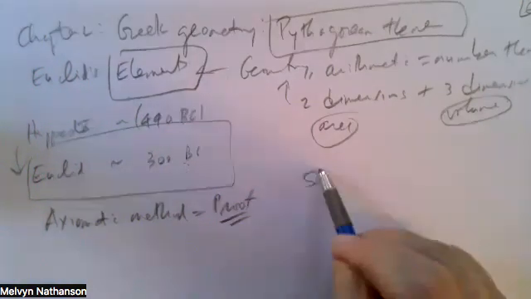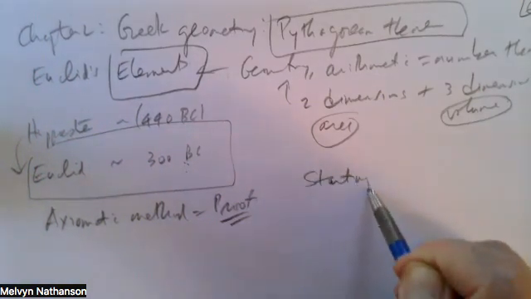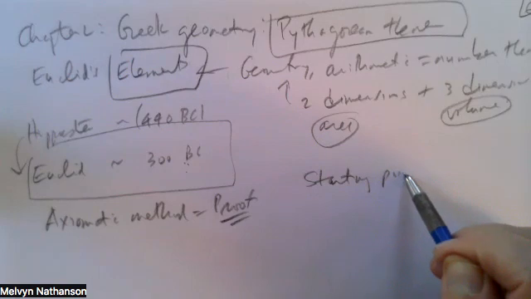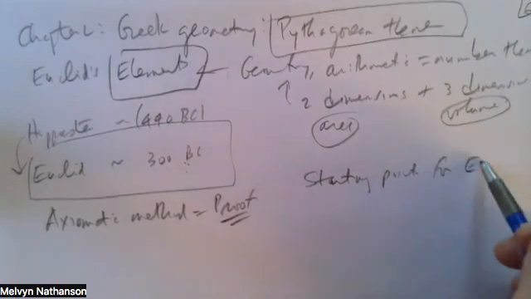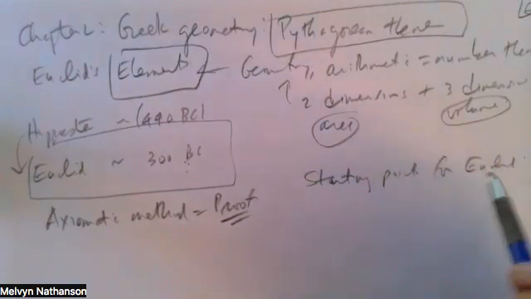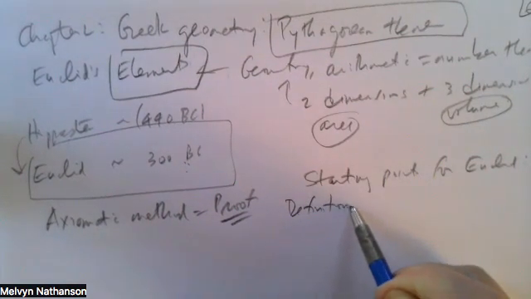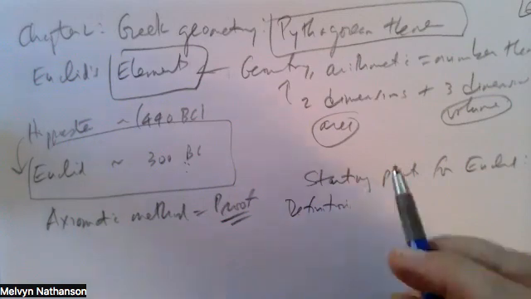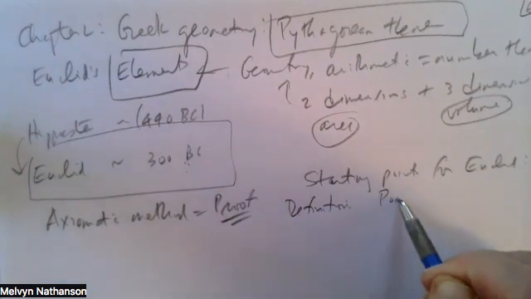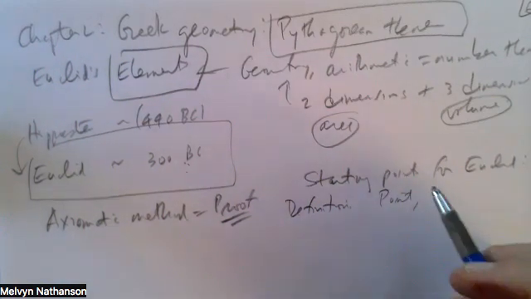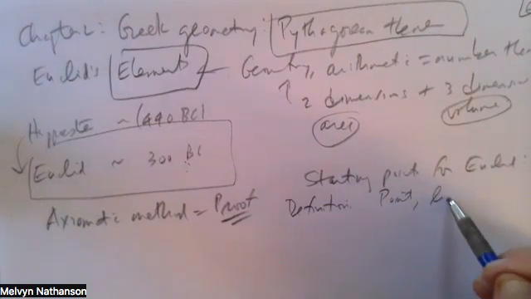So the starting points for Euclid, there are certain definitions. He defines a point. He defines a line.